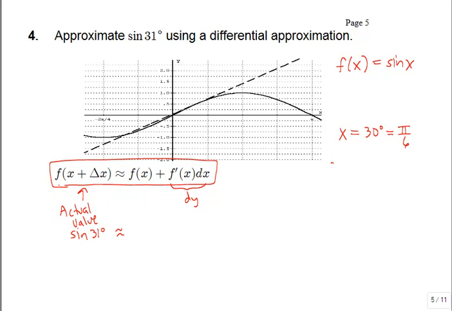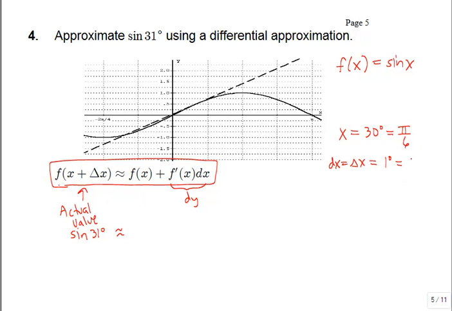So dx, or delta x, remember those will always be the same, is how far away we are from 30 degrees. Well, we're 1 degree away. 31 degrees is 1 away from 30 degrees. So this would be 1 degree, but we want to use that radian measure again.